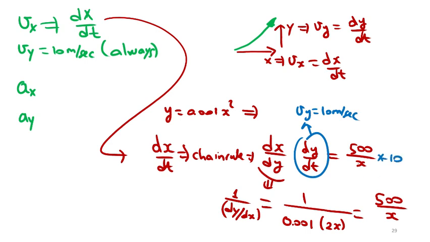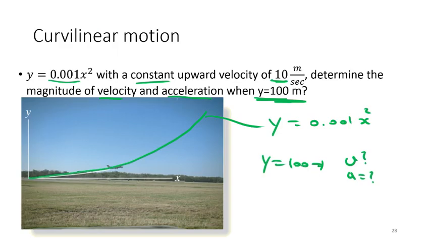Only problem is the x, and the question helps us, it says find the velocity and acceleration when y is 100. So I know that y is 10 to the power of negative 3 x squared, and if it is 100, I can find the x.